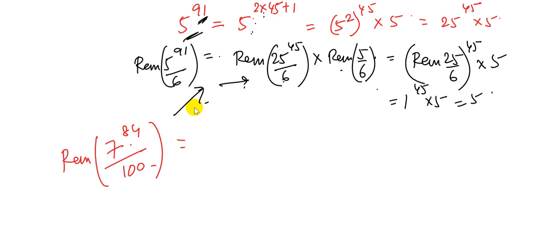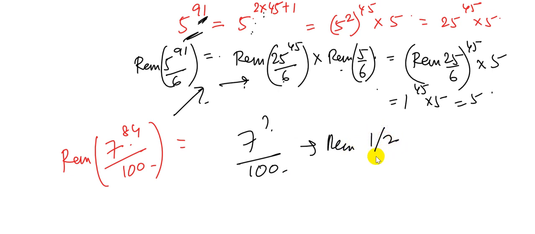So, 7 raised to some power divided by 100 will give a remainder of 1 or 2. Now, since you know the negative remainder concept, it can be plus minus 1 or 2.